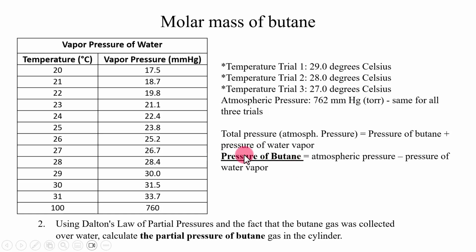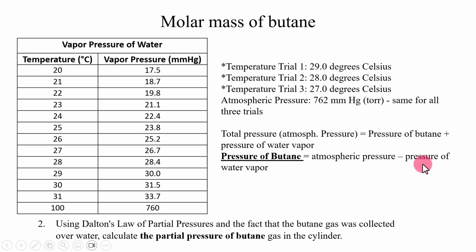So then the pressure of butane is going to be the atmospheric pressure minus the pressure of water vapor. And you can do that for each trial, right? The atmospheric pressure is not going to change, it's the same. But what changes is the pressure of the water vapor, and that's going to be for each trial.